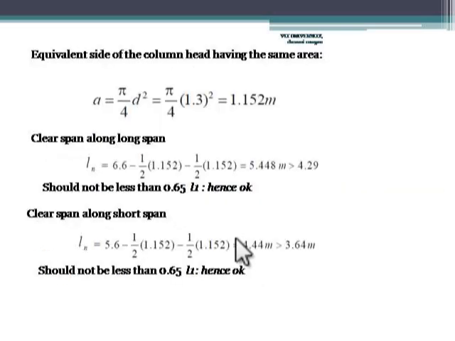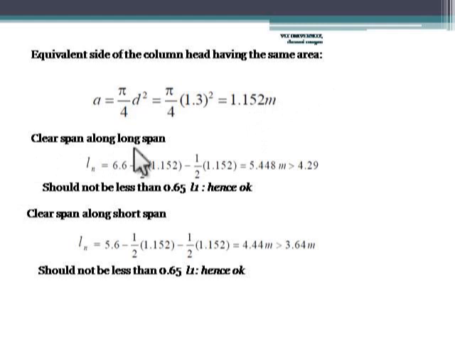So the equivalent side of the column head having the same area is equal to pi by 4 d square, that we got 1.152 meter square.